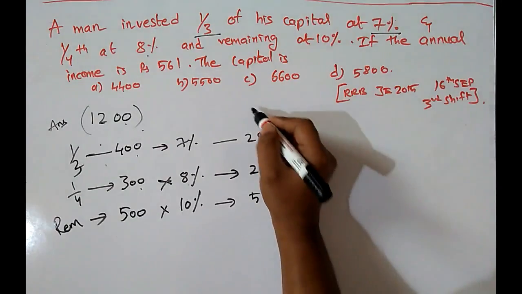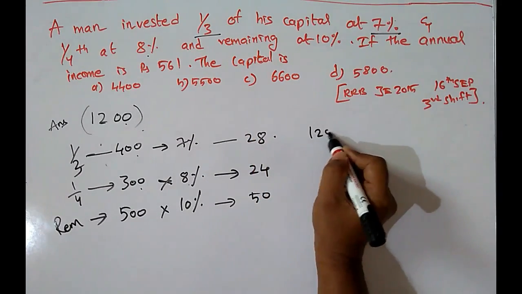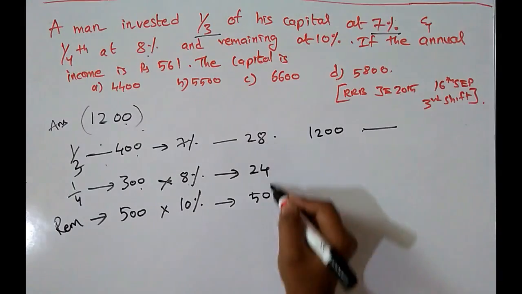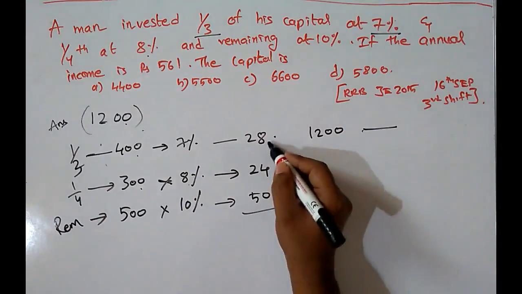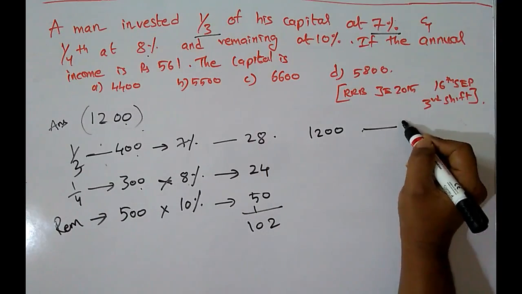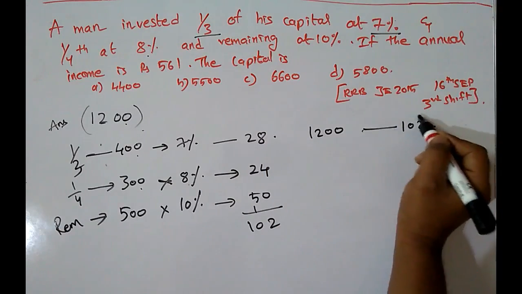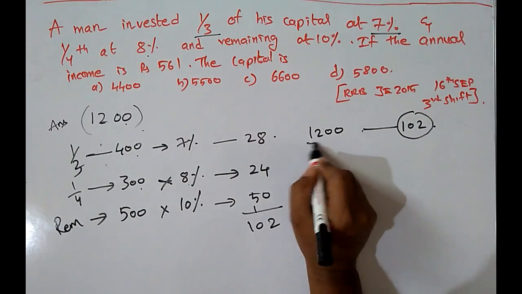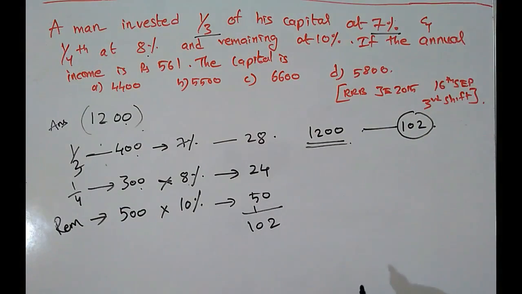So friends, for 1200 we have got income of 102. Income is 102 for the capital 1200.